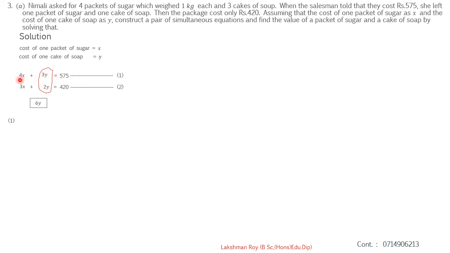Multiplying an equation by a number means each term you have to multiply by that number. How many terms are in the first equation? 4x is one term, 3y is another term, 575 is another term. Each term should be multiplied by that number.